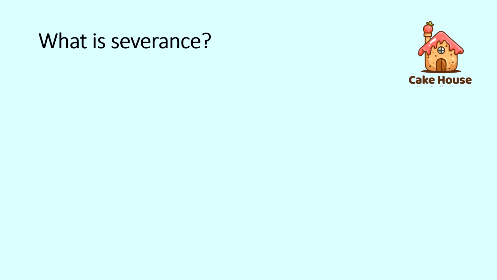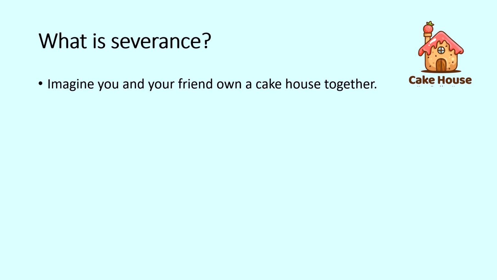So, what is severance? If you've seen my last video, you will remember that a joint tenancy is where everyone owns the whole property. So, for example, imagine if you and your friend own a cake house together.